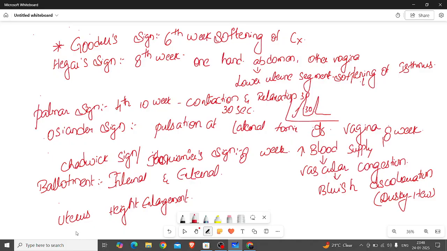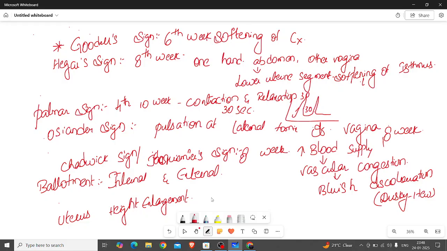And the final one, by using the uterine height enlargement, we can easily say at what place it reached during different weeks. At 12 weeks, it will be at the symphysis pubis. At 20 weeks, it will be between the umbilicus and symphysis pubis. At 24 weeks, it reaches up to the umbilicus.